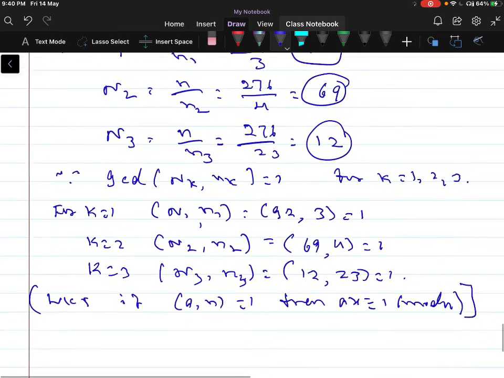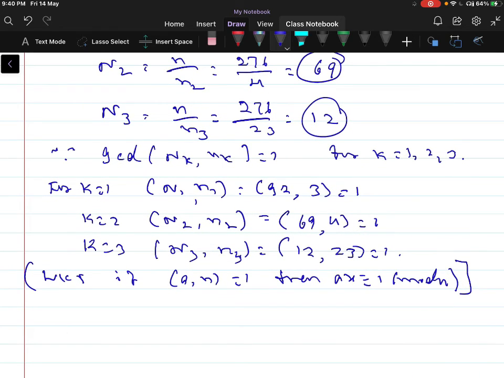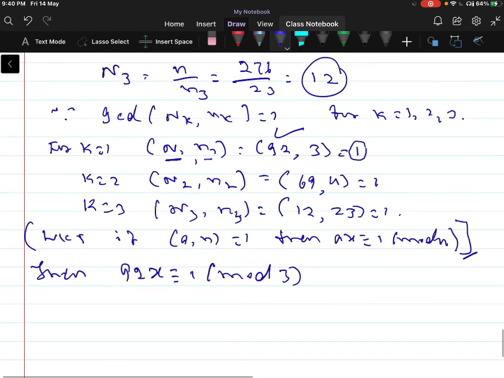By using this property, since GCD of N1 comma small n1 is 1, where N1 is 92, we can write 92x is congruent to 1 modulo 3.